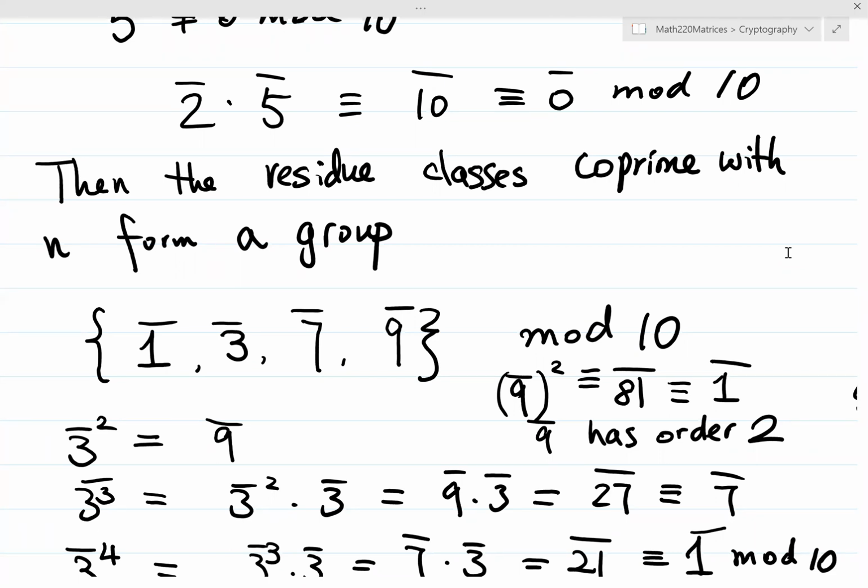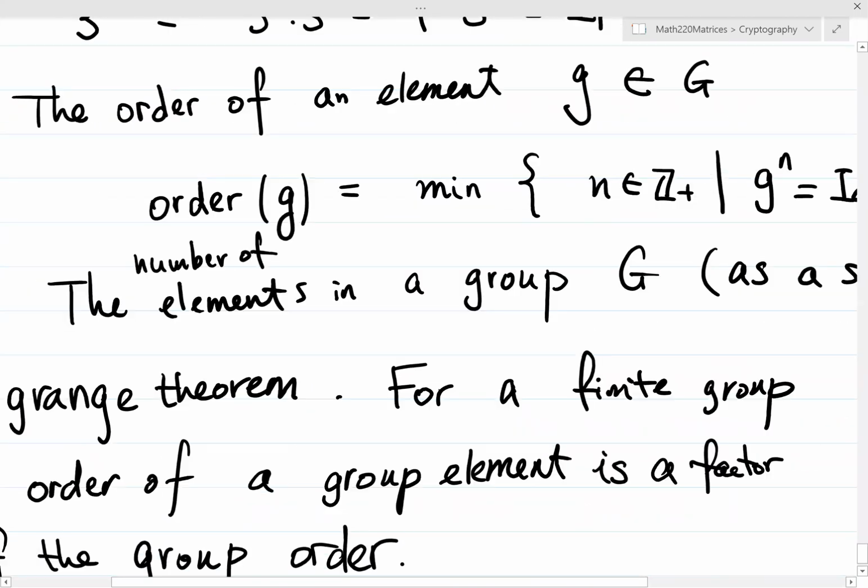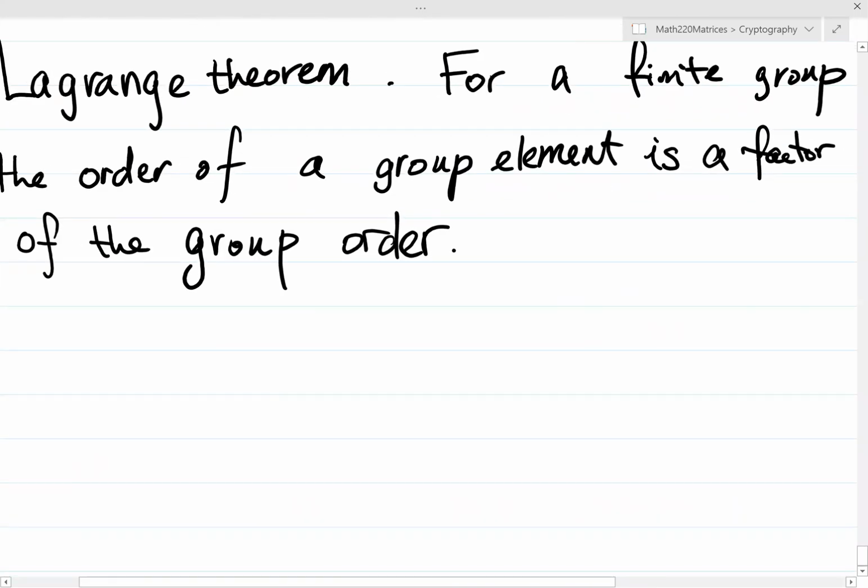So 9 has order 2, and 2 is a factor of the group order, which is 4. This is what the Lagrange theorem says. In a moment, I will explain why we actually have Lagrange theorem. Right now, we just assume it, to understand what RSA is.